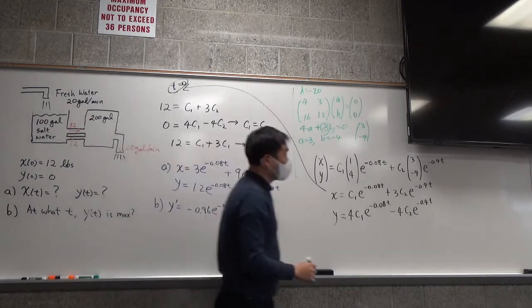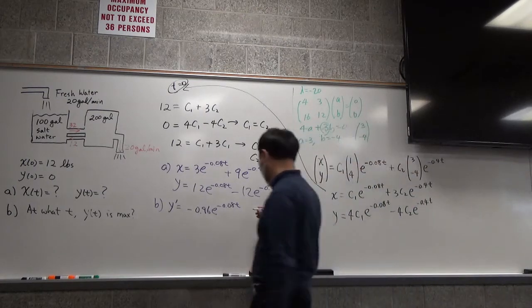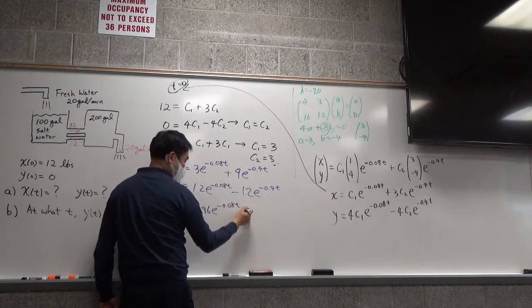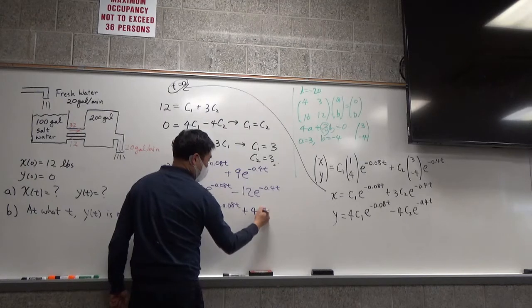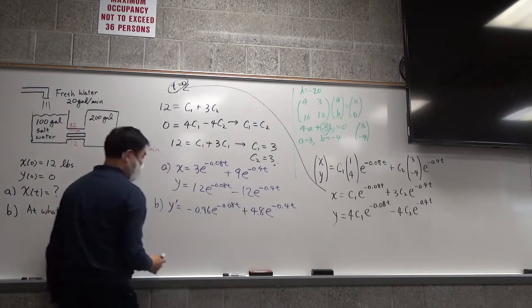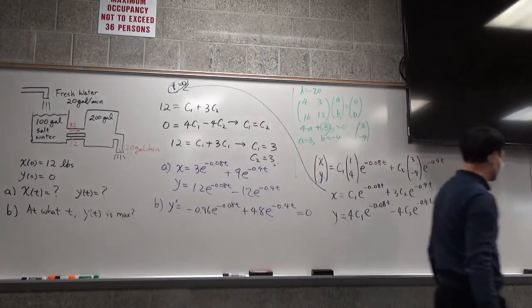And 0.4 times 12 gives you negative 4.8, but negative is positive, so positive 4.8 e to the negative 0.4t. And then you need this to equal 0 when it hits the maximum.